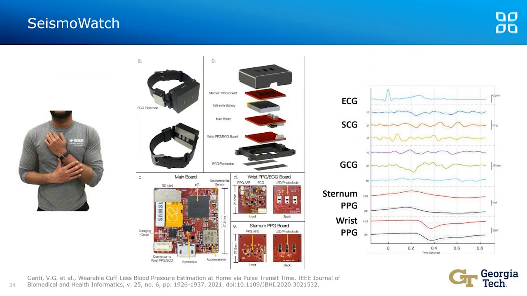So similar to the type of data that you can get in more consumer grade and commercially available watches, but also incorporating this cardiomechanical sensing that our lab has specialized in through the seismocardiogram signal, which is kind of like an acceleration of the chest wall in response to the heartbeat, which is an interesting signal that gets at the mechanical aspects of heart function.